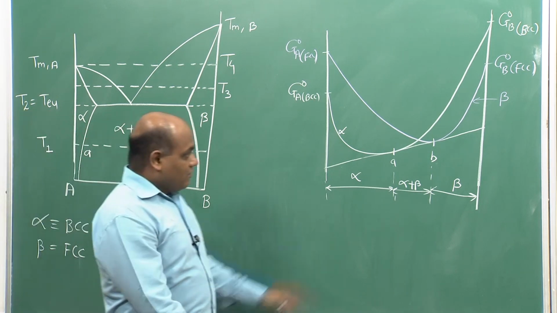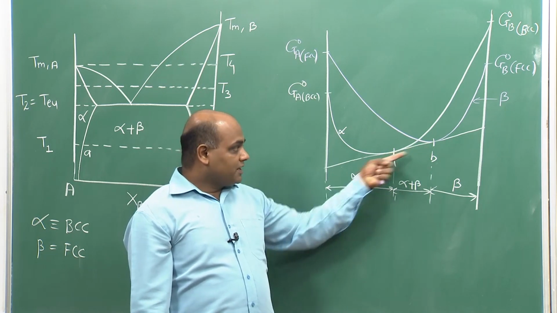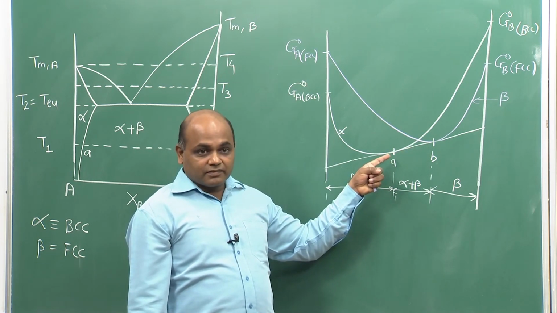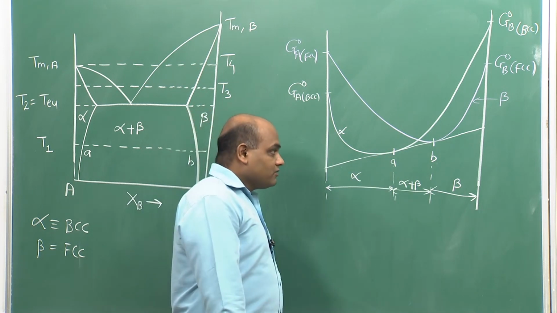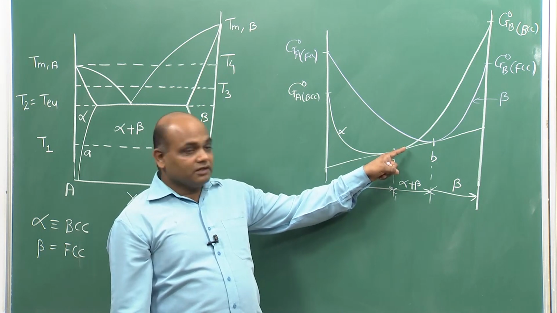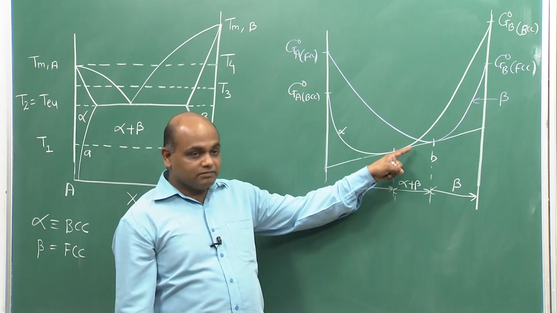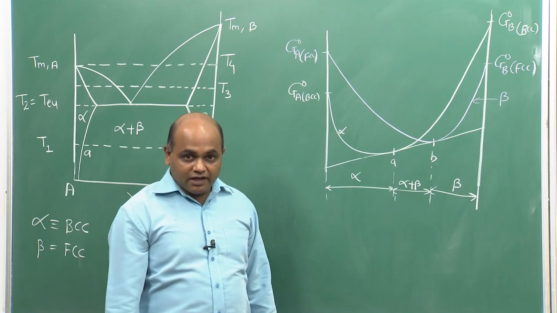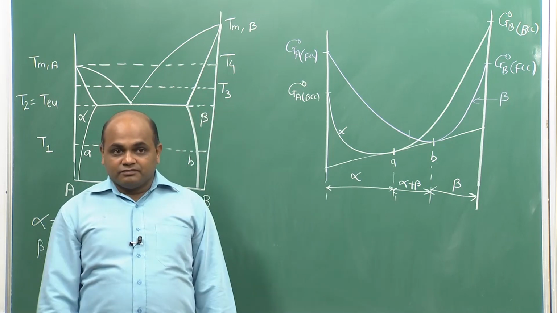Now, note here one thing, there is a common tangent, right, at A and B. So, if I want to find out chemical potential of A and B in the two phases, at any composition between A and B, what would it be?